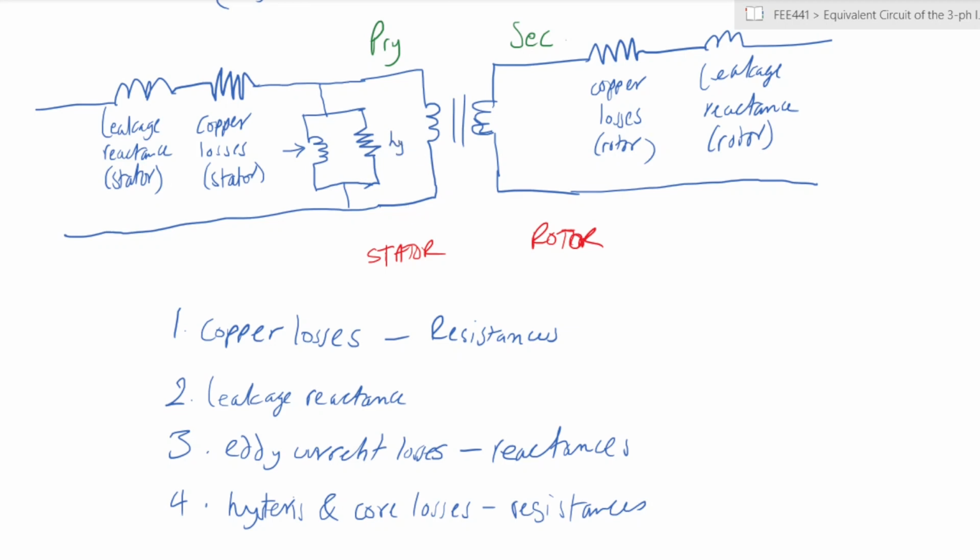Okay, let me label them a bit better. So in order for us to make a bit more sense of this diagram, let me try and label them a bit better. So generally, the way they are represented, your copper losses are denoted by R1 and RR. R1 is on the stator side.